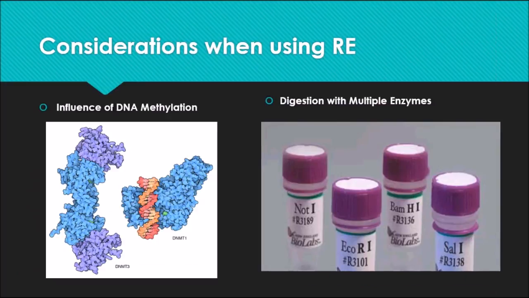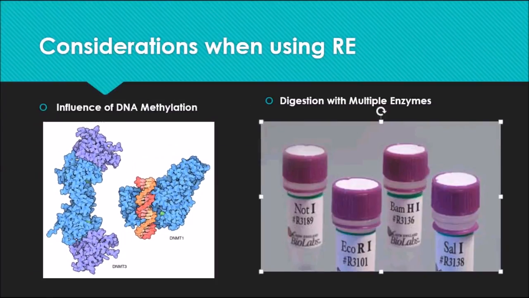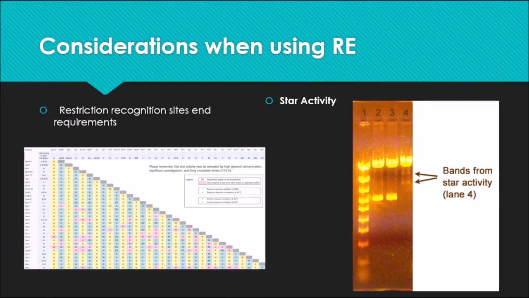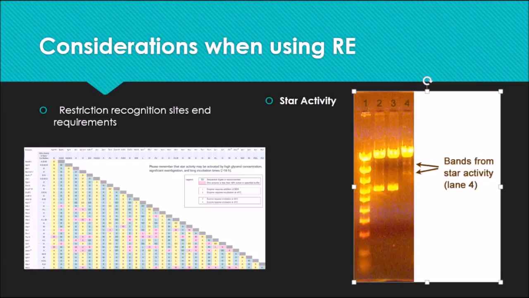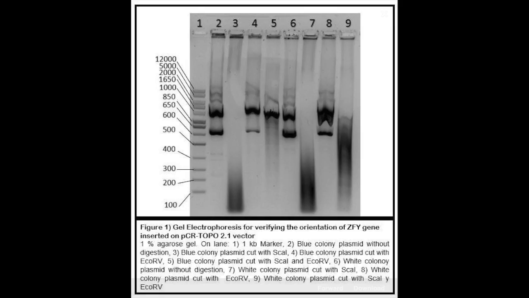the influence of DNA methylation, digestion with multiple enzymes, restriction recognition sites and requirements, and star activity. Gel electrophoresis for verifying the orientation of the ZFY gene insert on the PCR TOPO 2.1 vector, 1% agarose gel.